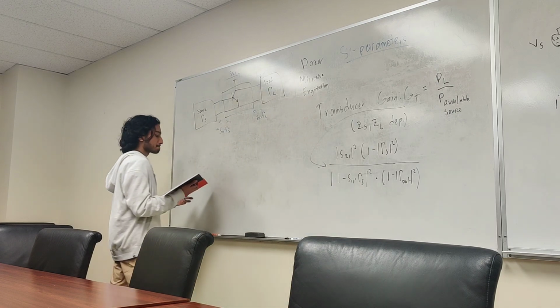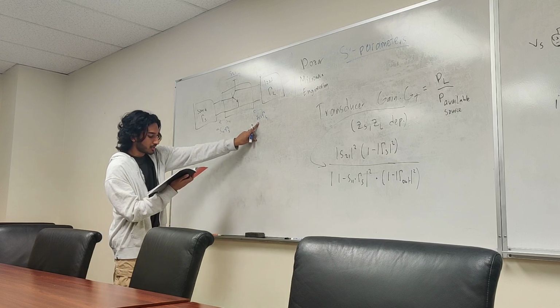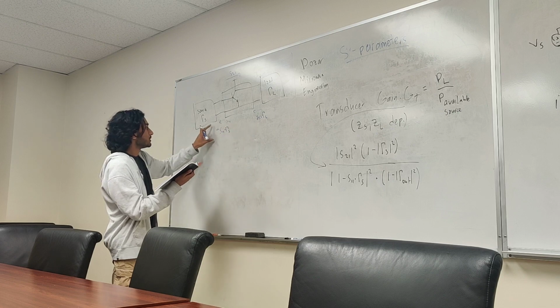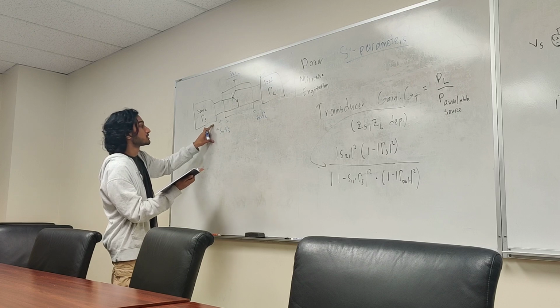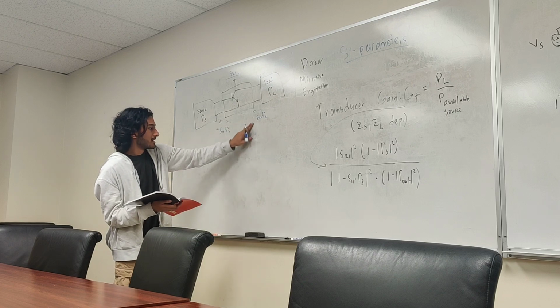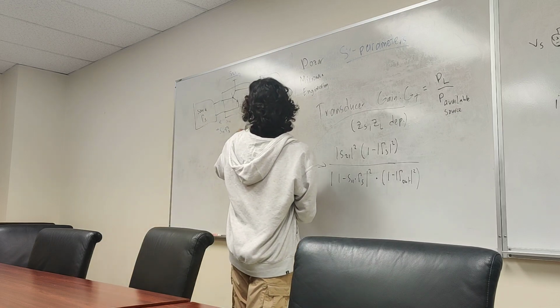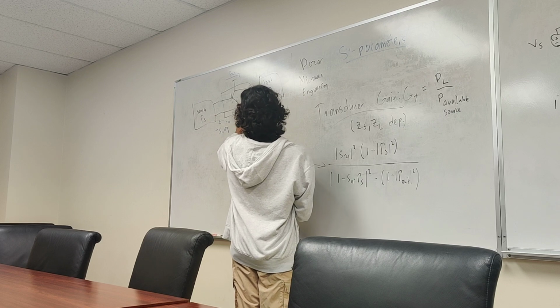So, what happens now? S21 times gamma L is going to go back over here. It's going to hit our source. Sorry, we go back over here. This gets reflected and ends up going back into our device.